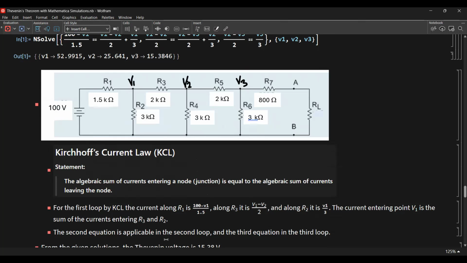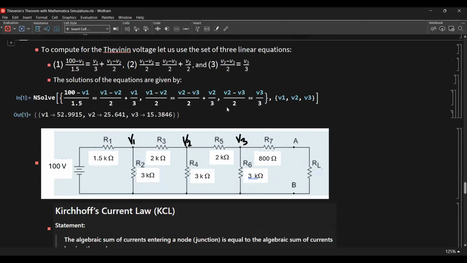So the second equation is applicable in the second loop here, and the third equation in the third loop. So we use the same principle here in loop 1. For example, in loop number 2, we have the current entering R3 is equal to the sum of the currents entering R5 and R4. So the current entering R5 is V3 minus V2 over 2.